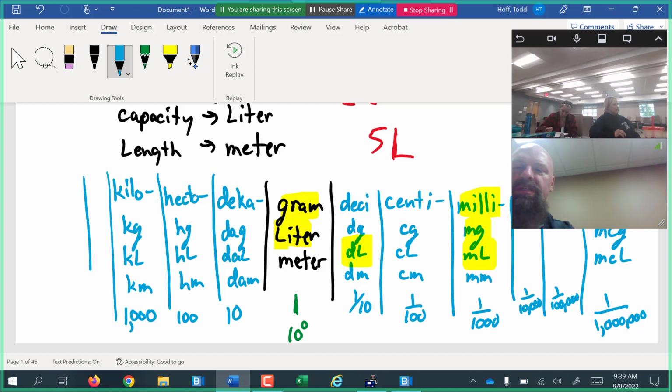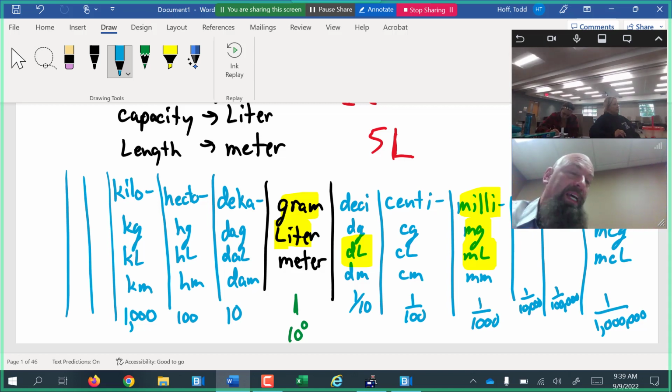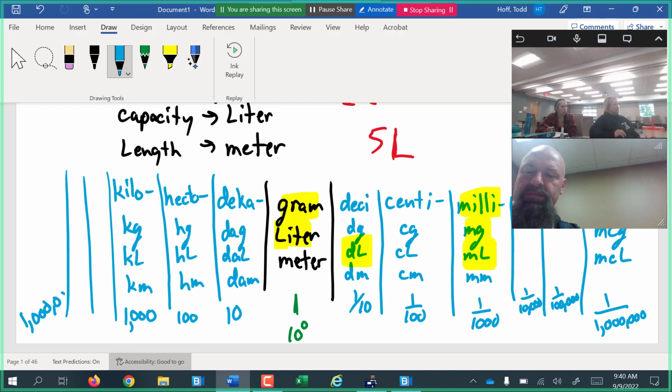Just like going the other direction, on the upper side we skip over the 10,000 and 100,000 and go up to 1 million, which is mega. I don't see you guys having to use a lot of the abbreviation mega, but for some very large dose medications, you might run into it.